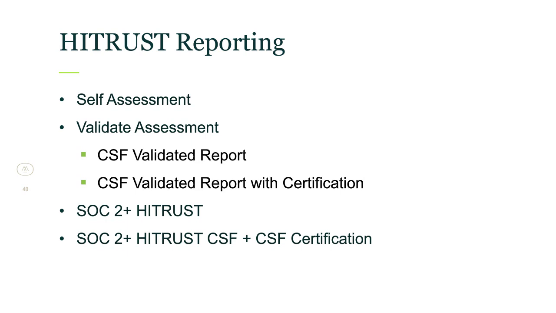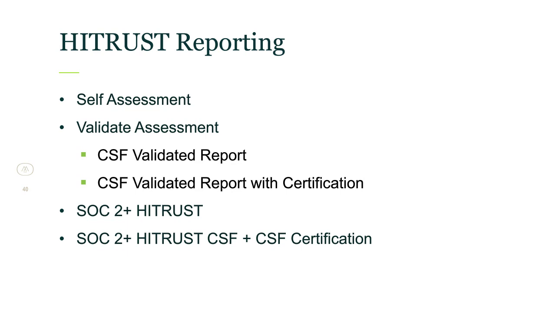If an organization then wants to have a third party audit those, and many organizations are now required to do so, they can have a validated audit where a firm like Moss Adams can validate the assessment and have evidence to demonstrate to HITRUST that those ratings are in fact supportable with verifiable evidence.